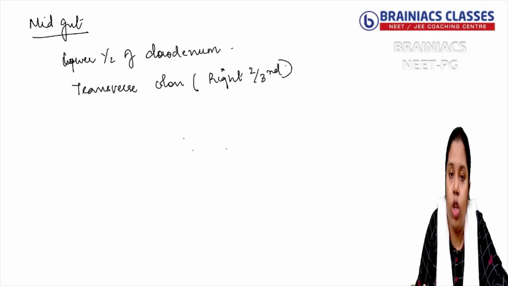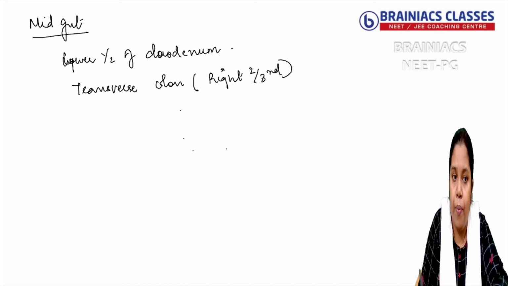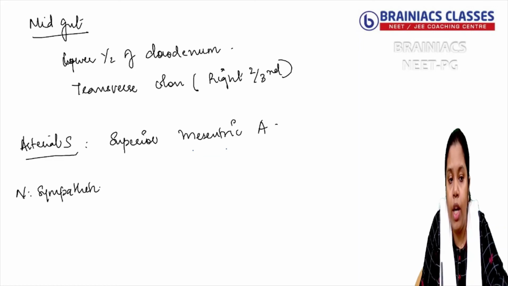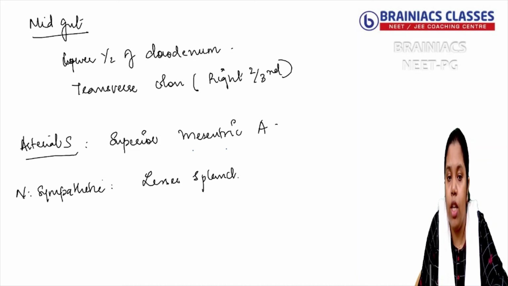The arterial supply is by the superior mesenteric artery. The sympathetic nervous supply is by the lesser splanchnic nerve, the T10 to T11 segments, and the parasympathetic is by the vagus. This is about the midgut.